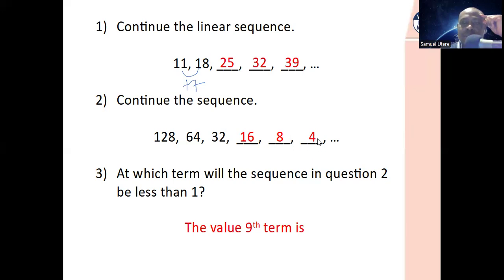So the sixth term is 4. The seventh term will be 2. The eighth term, if we halve it, will be 1. And the ninth term would be 0.5. Half of 1 is 0.5. So the ninth term is where you would have it being less than 1.